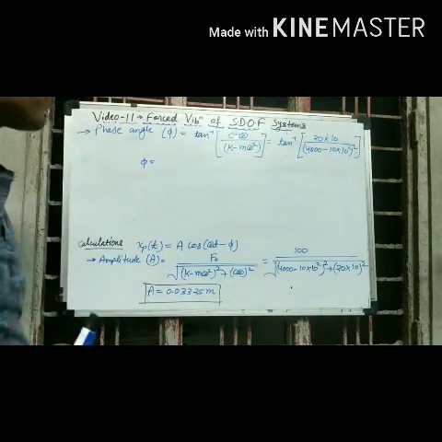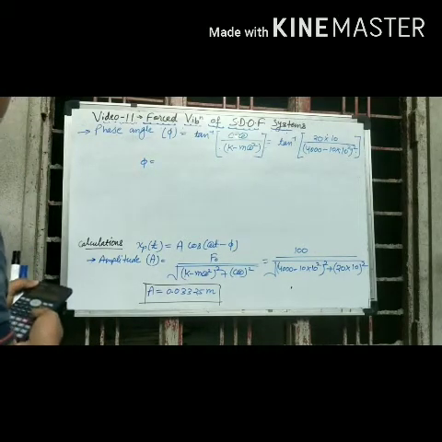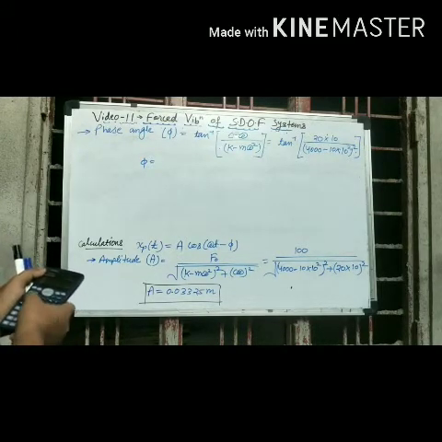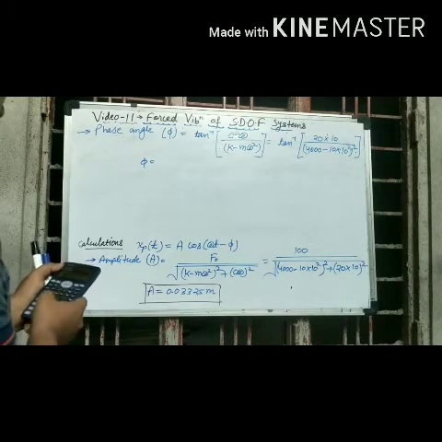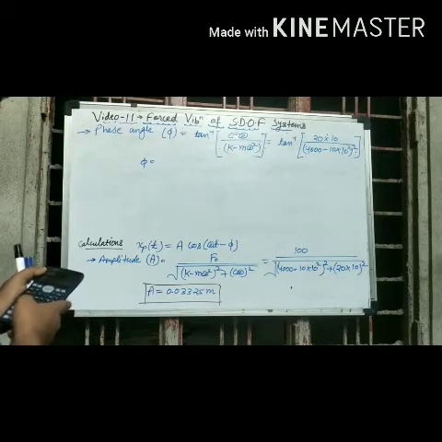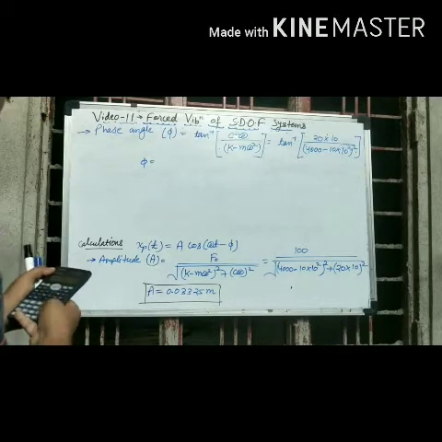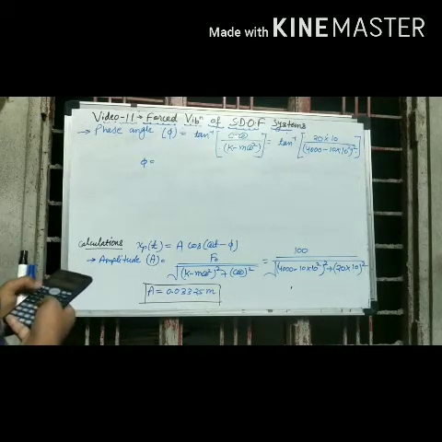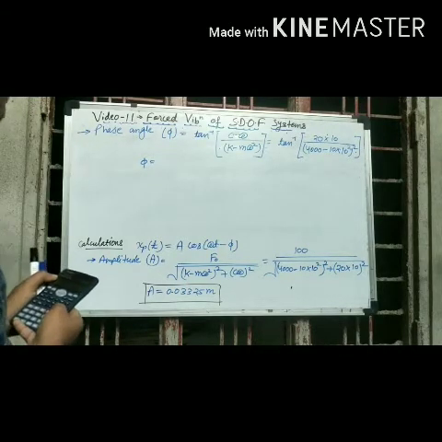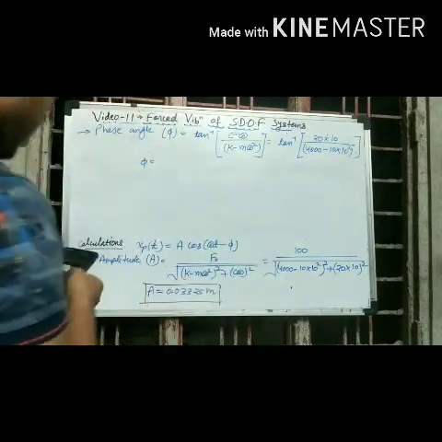So I'm going to calculate phi in radians, so my calculator mode will be in radians. It is 20 into 10 is 200 divided by 4000 minus 10 into 10 square. Oh, not square, the square is not there here.